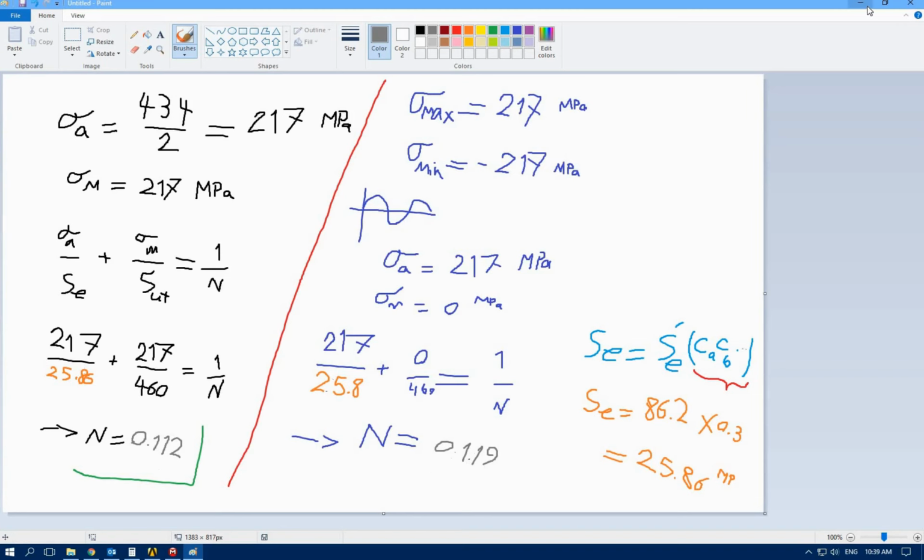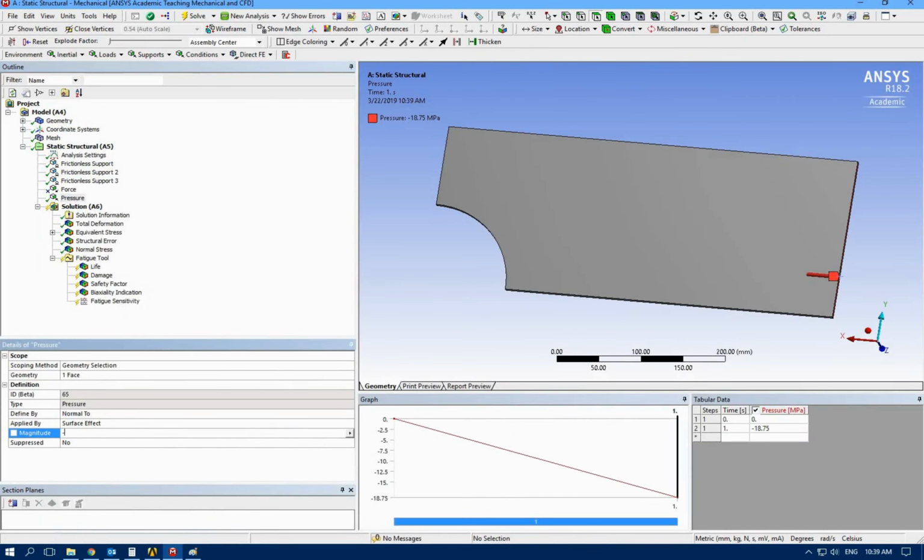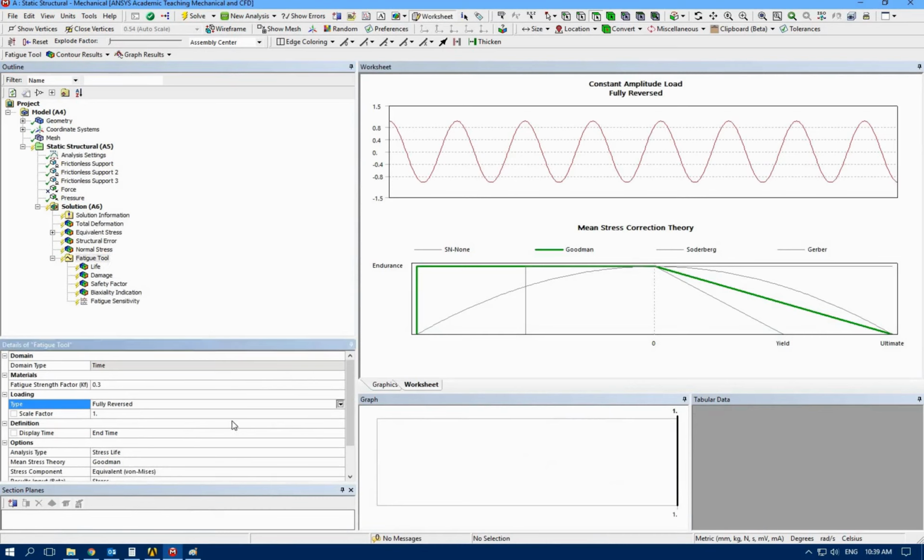Okay, now let's go and check it. For the first case, we had 100 megapascal, and it was zero based. Let's solve it.